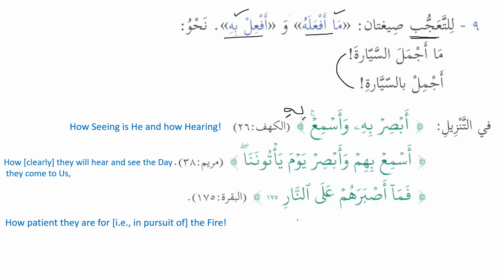Fama asbarahum ala nari, how patient they are in pursuit of the fire. So we have asbarahum on the pattern of ma af'ala, and asmi' bihim wa absir, and similarly absir bihi wa asmi', they are on the pattern of af'il bihi, as we can see over here.